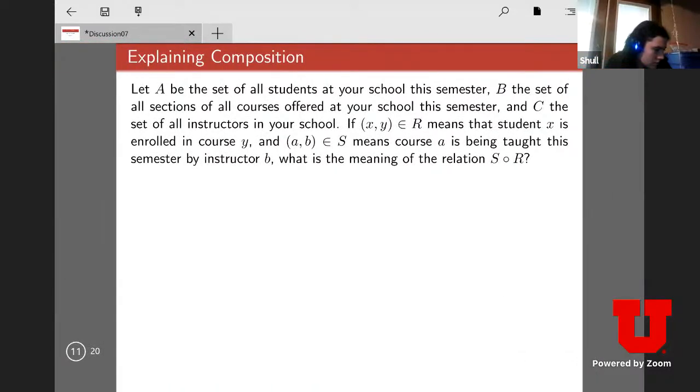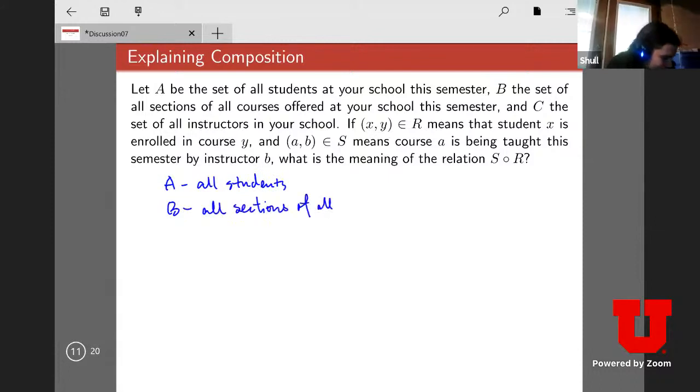Okay, I think we can do this one quickly. Let A be the set of all students at your school, B be the set of all sections of courses. So let's write them down. A, all students. B, all sections of all courses.